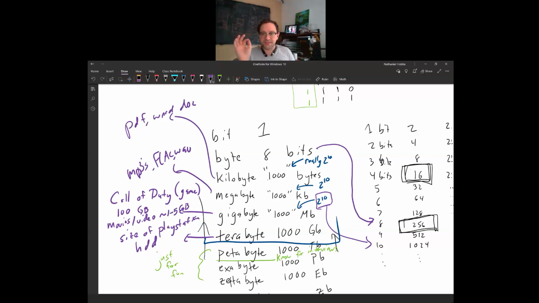The point of this is, again, to have some type of concept in your head, some type of gut level feeling for when you hear the word megabyte, gigabyte, terabyte, that you have something to connect it to, that you can understand. If there's a drive that's 10 terabytes, is that a lot of space? Is it little space?